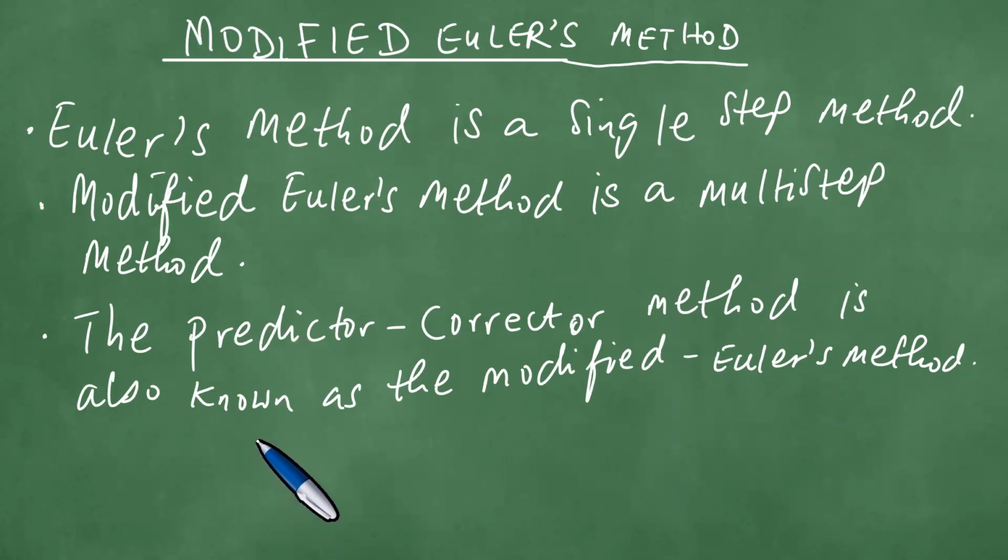All right, we take note of these here. Sometimes we shall be just calling it the modified Euler method and just Euler's method. It's common in literature.